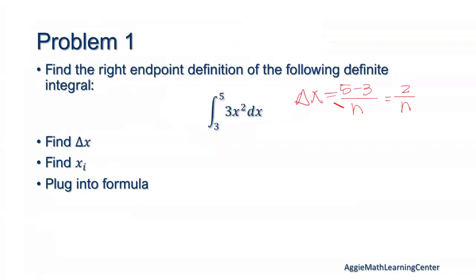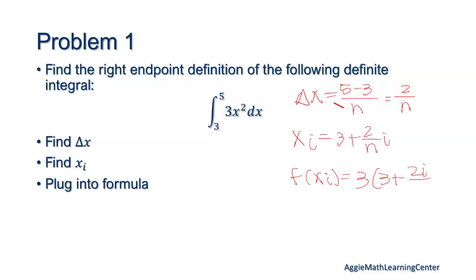And then to find x sub i, we will have a, which is 3, plus delta x times i. Then we can plug that into the formula. I like to do this intermediate step where I just find f of x sub i, which helps me think through it. So that will be 3 times (3 plus 2i over n) squared.